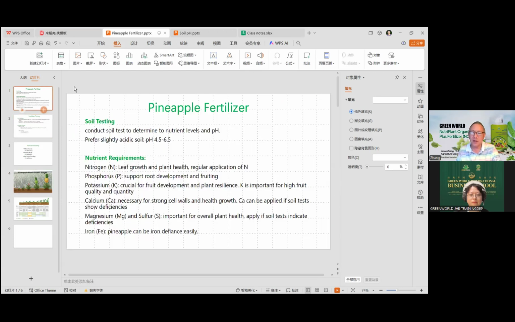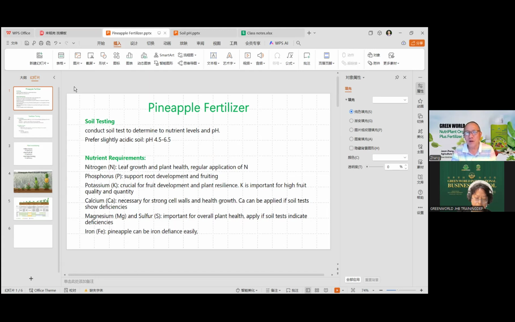For pineapple management, the first thing that we need to do is soil testing, or check up your soil to see if this soil fits your crop. Like blueberry, blueberry likes acidic soil. Pineapple prefers pH equal to 4.5 to 6.5.